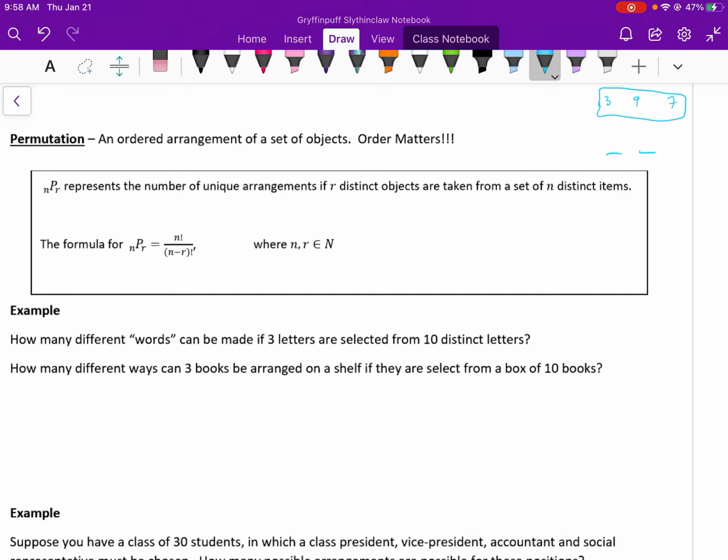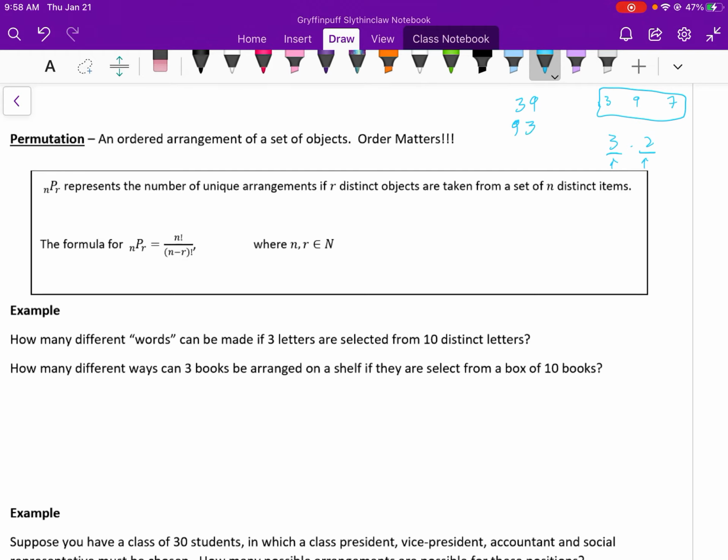Suppose I have three numbers, and I am going to arrange these numbers. How many different choices are there for the first number? Well, there's 3. And there's 2 for the second one. So there's going to be a total of 6 possible different arrangements of these 3 numbers.